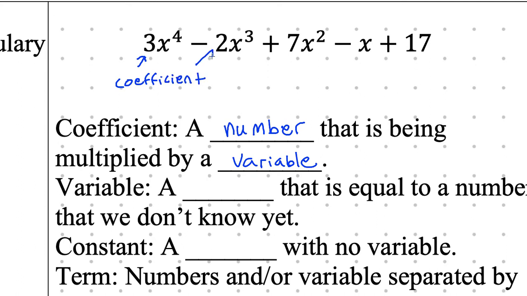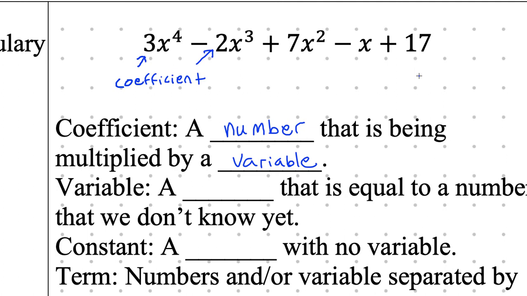That -2 right there, or maybe you want to think of it as just a 2, that 7, that 1. Oh, this 17 is not a coefficient. Everything else is a coefficient. This 2, 7, and 3 are coefficients, but this 17 is not a coefficient because there's no variable. It has to be multiplied by a variable, and there's nothing right there.